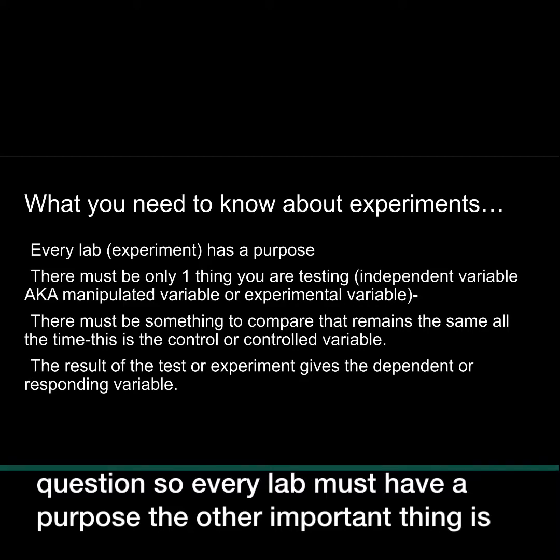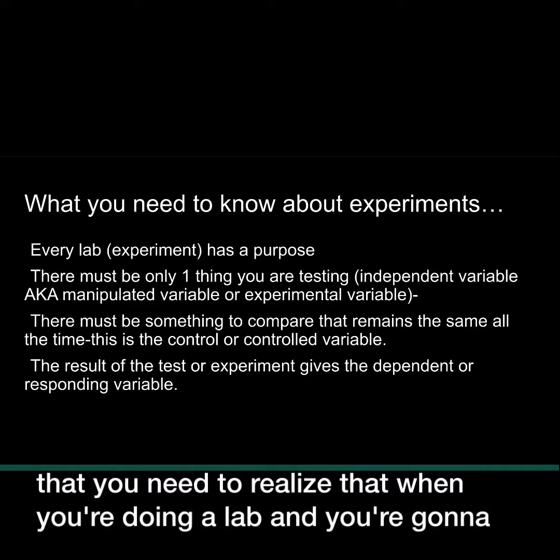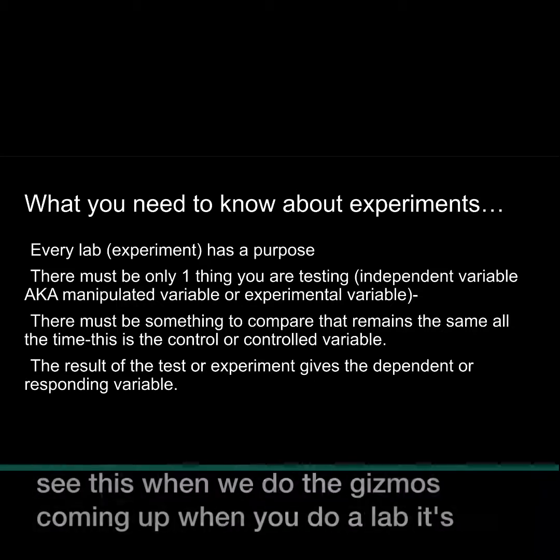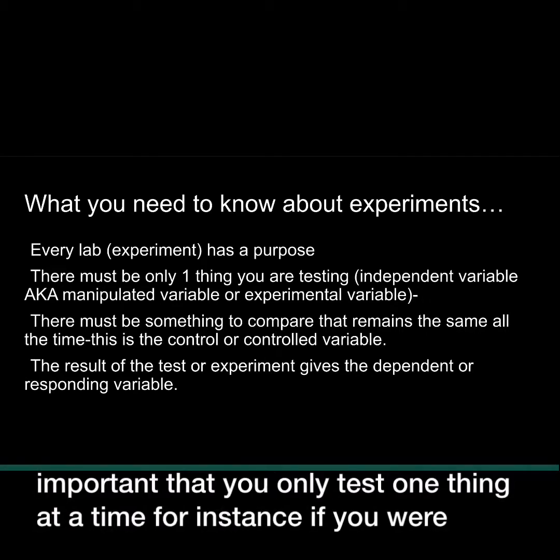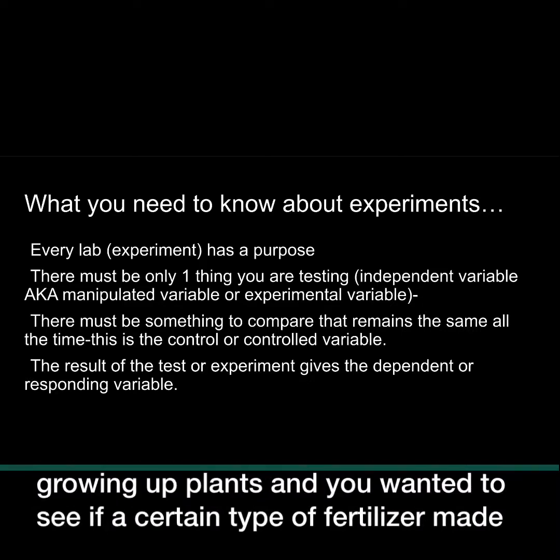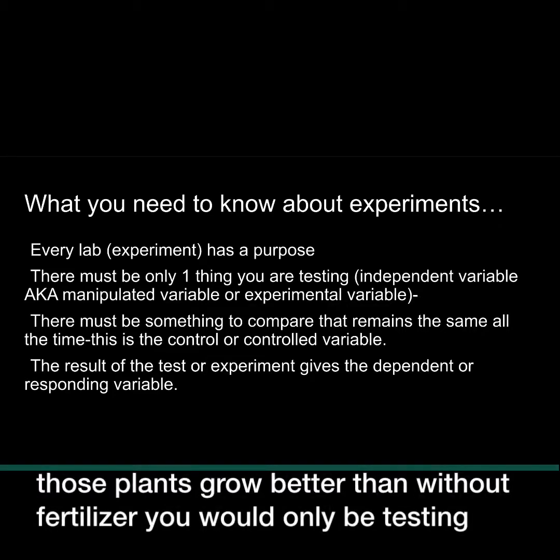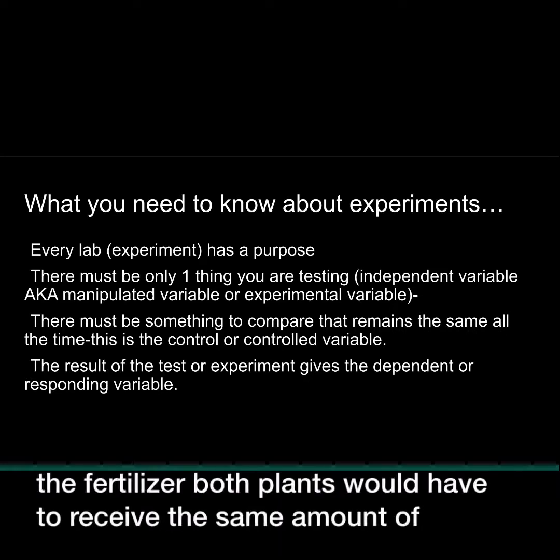The other important thing is that when you're doing a lab, and you're going to see this when we do the Gizmos coming up, it's important that you only test one thing at a time. For instance, if you were growing plants and you wanted to see if a certain type of fertilizer made those plants grow better than without fertilizer, you would only be testing the fertilizer.